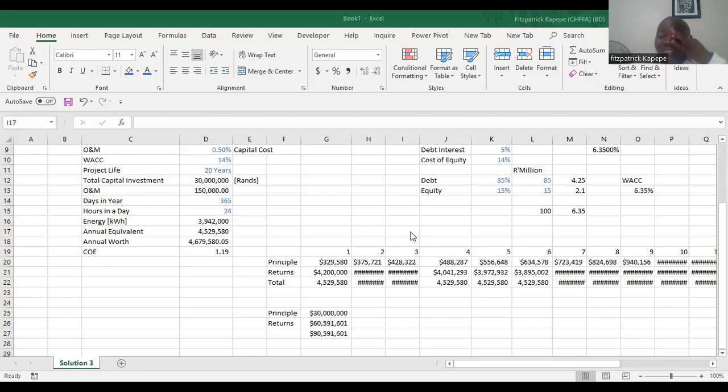If you are doing discussions on tariffs, the first thing that you need to know is the levelized cost. Then you can start from there, because what happens is that the independent power producers will come up with a project where they're saying the tariff is going to be, say, 8 rands per megawatt hour.